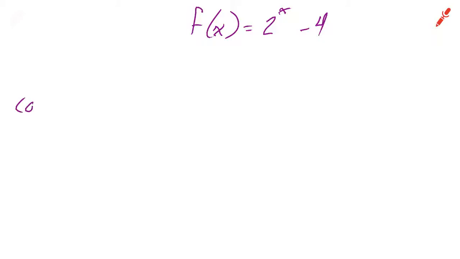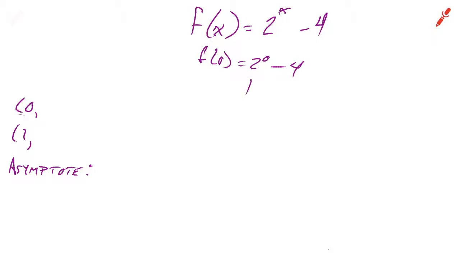You want to identify the point where x equals 0, x equals 1, and your asymptote. So the first thing we do is we plug 0 in for x. So f of 0 equals 2 to the 0 minus 4. Anything to the 0 power is 1. 1 minus 4 is negative 3.